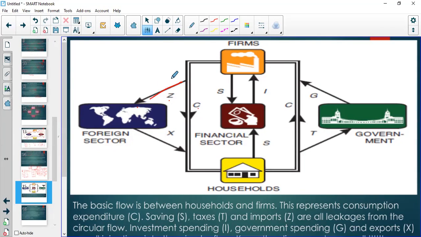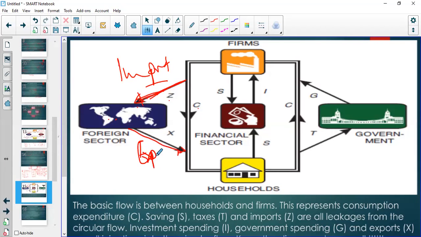Right. So what goes out, because this is a circular flow, right? And something is going out here. So that's a leakage or withdrawal. That's an import because it's going out to the foreign sector. So you need to identify this as imports. Then something is coming from other countries to South Africa. So we say, oh, that's our exports.